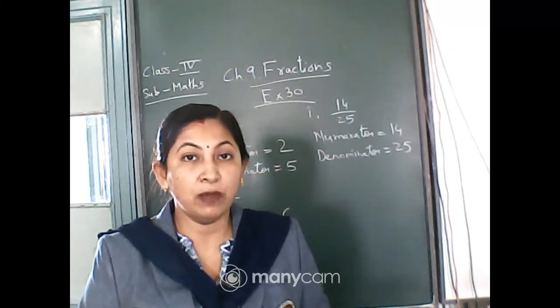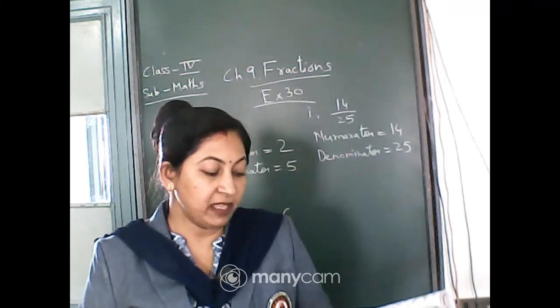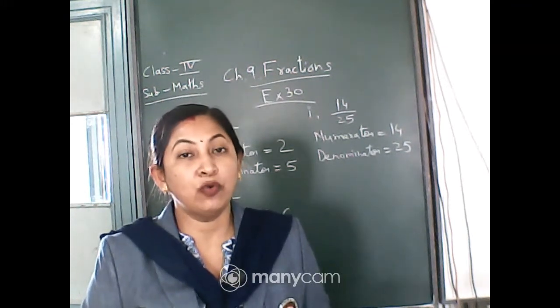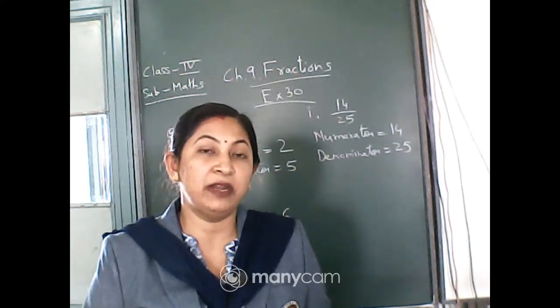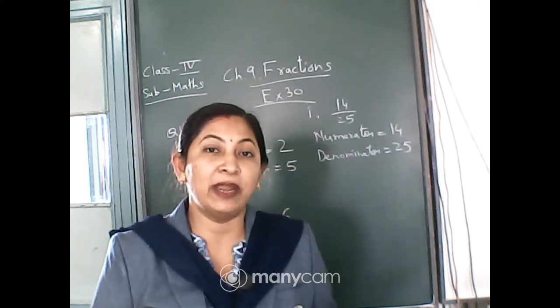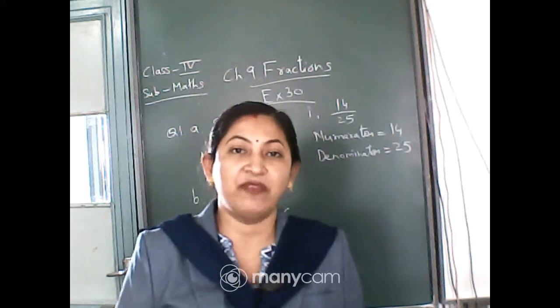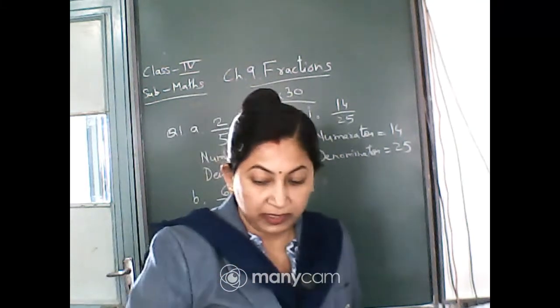Okay. Now come to question number 2. Write the fraction: in question number 2, the numerator and denominator are given separately. You have to write what the fraction will be. Okay, so let us do number 2.